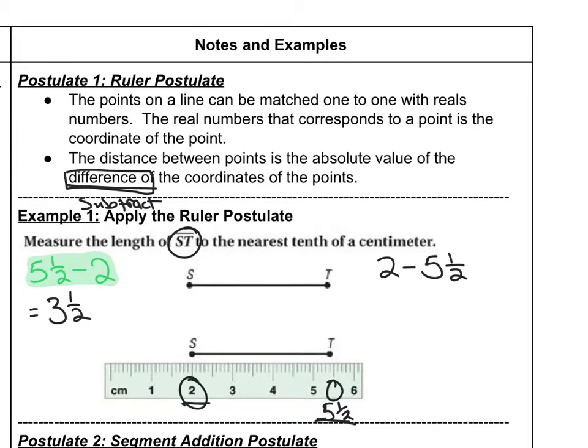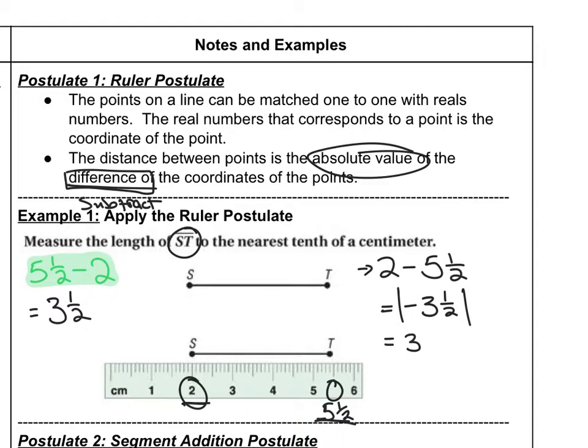Now over here, 2 minus 5.5, you may have to plug that into a calculator, will give you negative 3.5. And that's where these words, absolute value, come in. Absolute value just means that it is never negative.